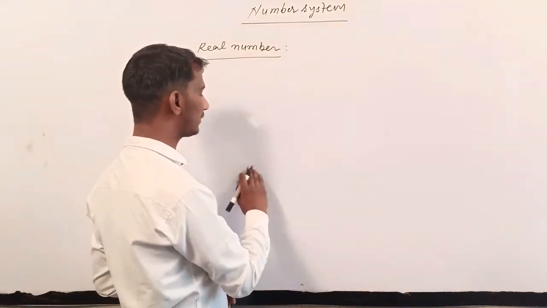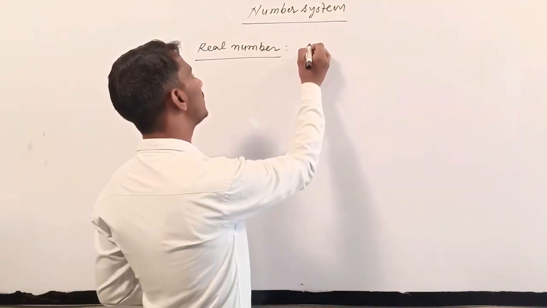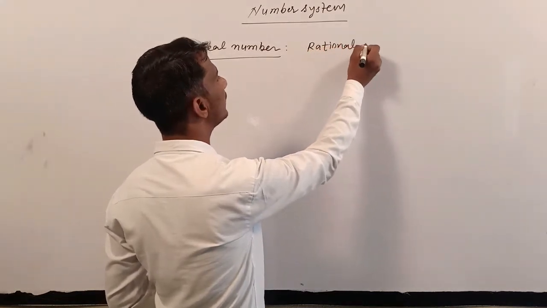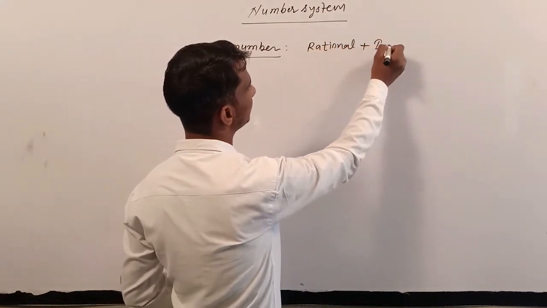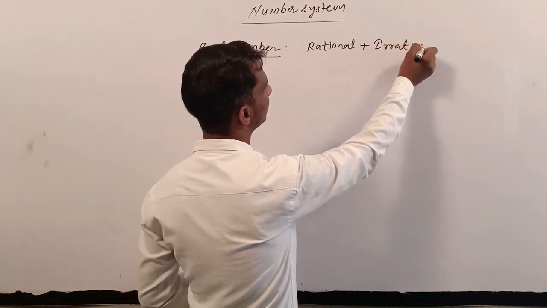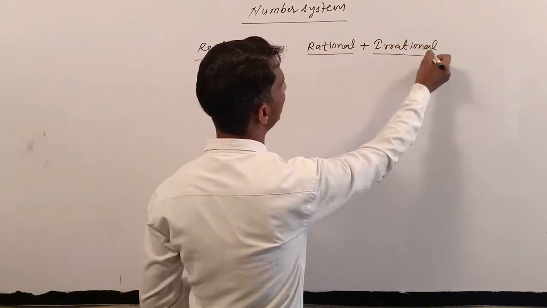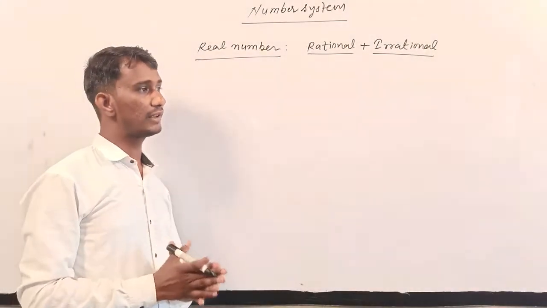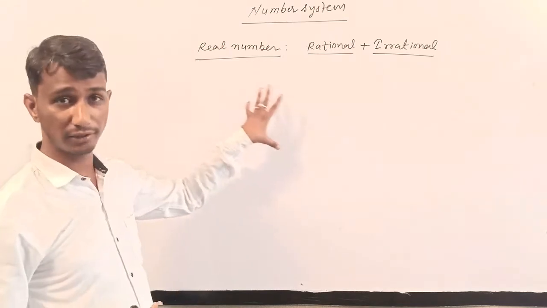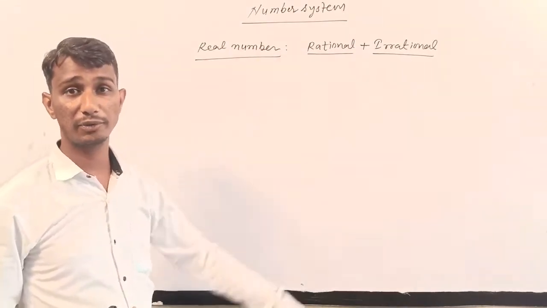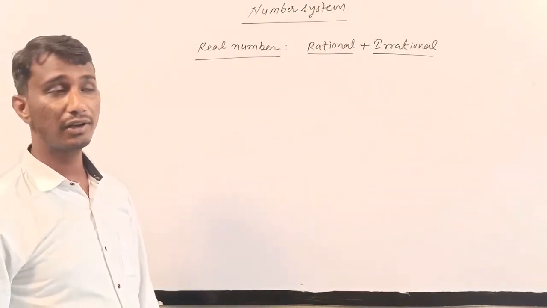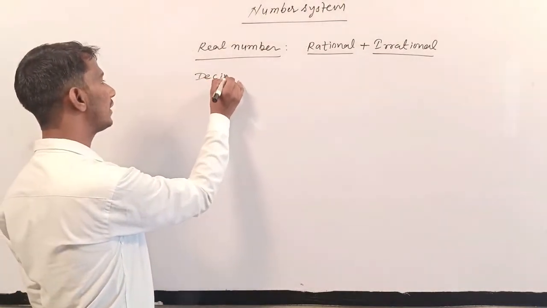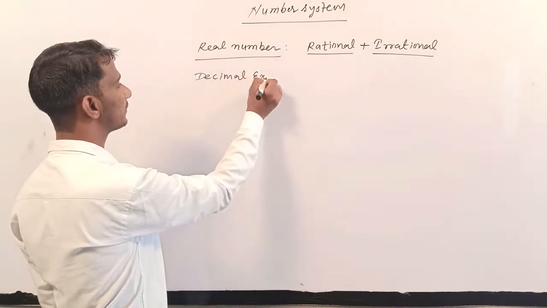I told you in earlier videos, the combination of rational and irrational numbers is called real numbers. So today we will discuss only real numbers and their decimal extension. This is very important.